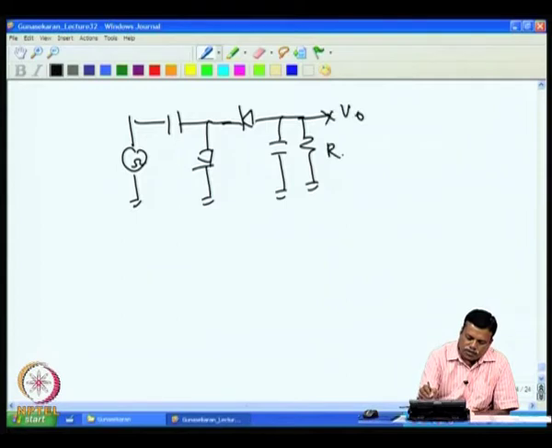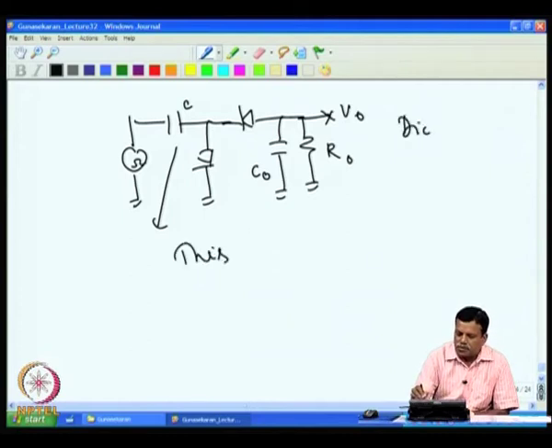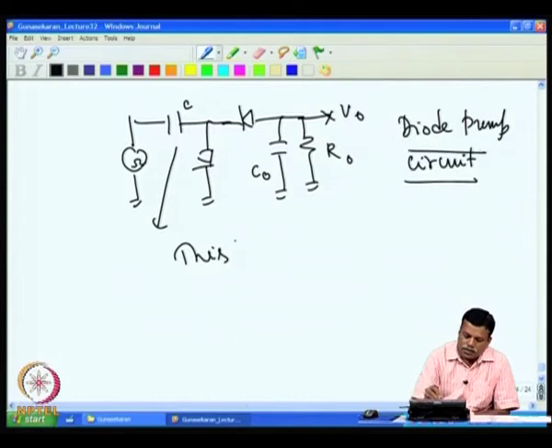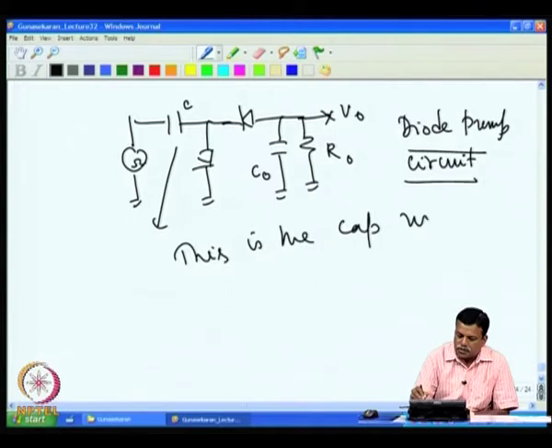You have resistance here, and this is the capacitor under measurement. This is a diode pump circuit.